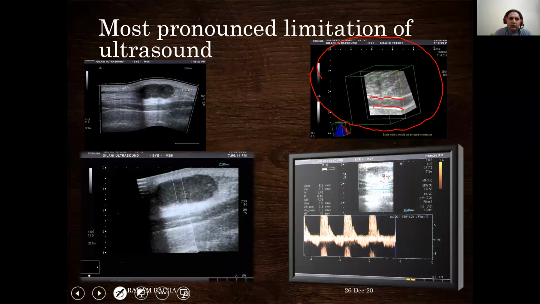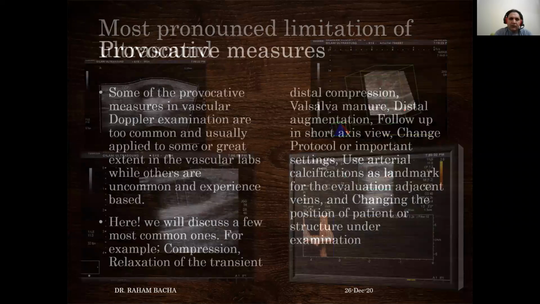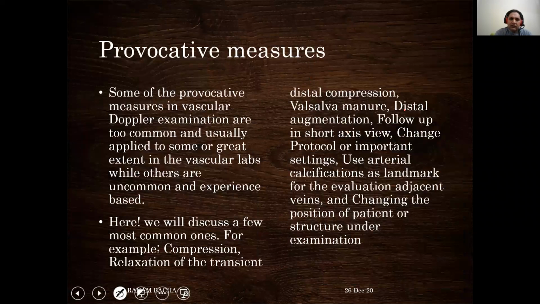Some provocative maneuvers and vascular Doppler examinations are very common and usually applied to a great extent in the vascular lab, while others are uncommon and experience based. Here we will discuss a few of the most common ones.